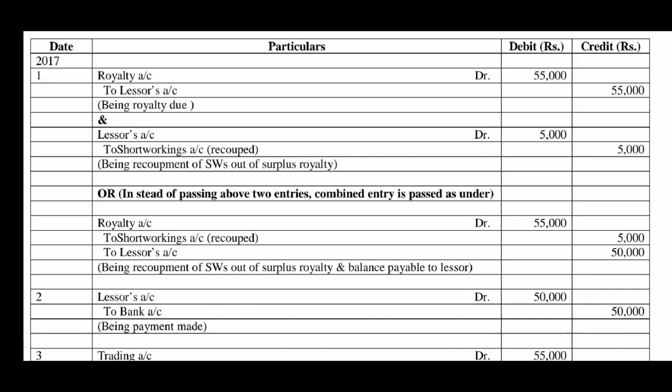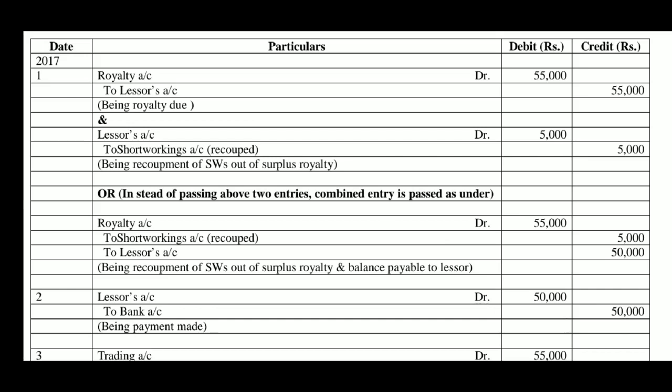It is a combined entry in the sense, see the above 2 entries, royalty account is debited with 55,000. Here also in the combined entry it is debited with 55,000. Then see the second entry, with the amount of short workings, account is credited. In the combined entry also to short workings account it is credited with 5,000 rupees.